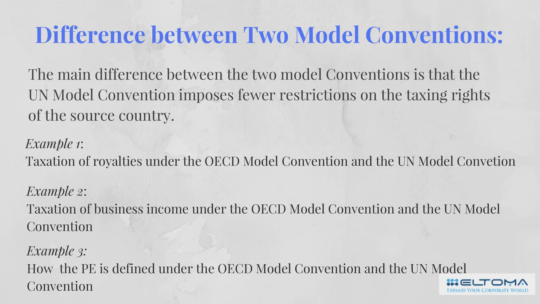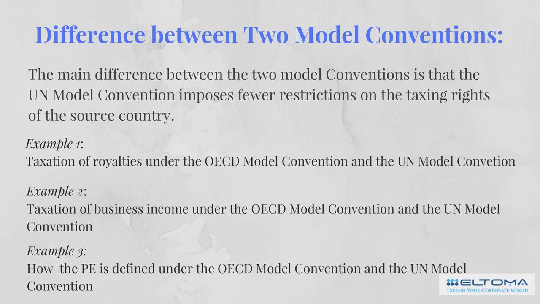So the main difference between the two model conventions is that the United Nations Model Convention imposes fewer restrictions on the taxing rights of the source country than the OECD Model Convention. Source countries, therefore, have greater taxing rights under it compared to the OECD Model Convention.